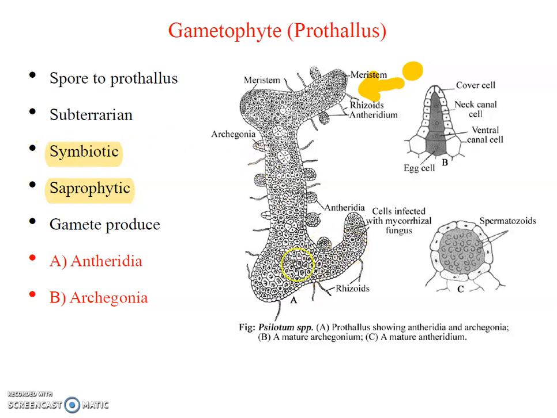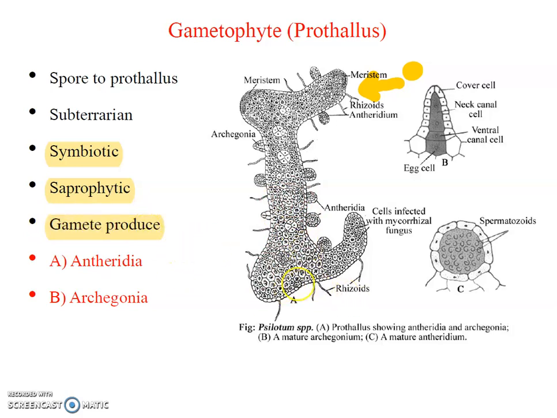The fungus and the prothallus mutually make up food. Saprophytic means growing on dead and decayed material. It is not photosynthetic, and it produces gametes.